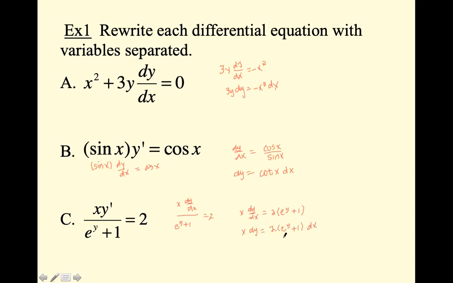And then I need x's with dx and y's with dy. So I'm going to divide both sides by x to bring x over here. And I'm going to divide by e to the y plus 1 to get it over with the y. So I would have 1 over e to the y plus 1 dy is equal to 2 over x dx.